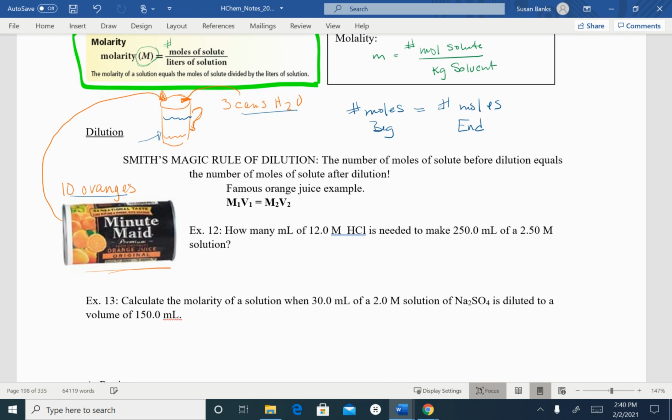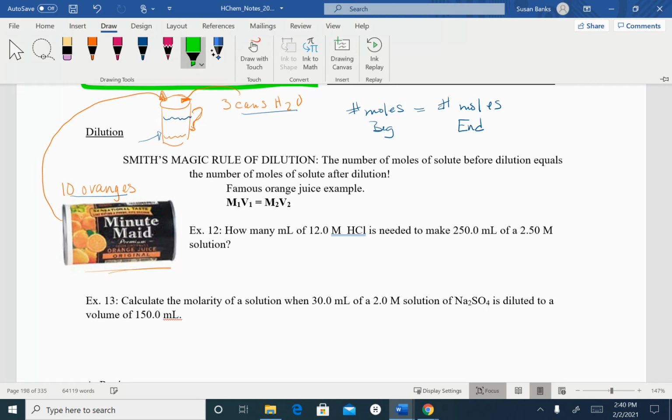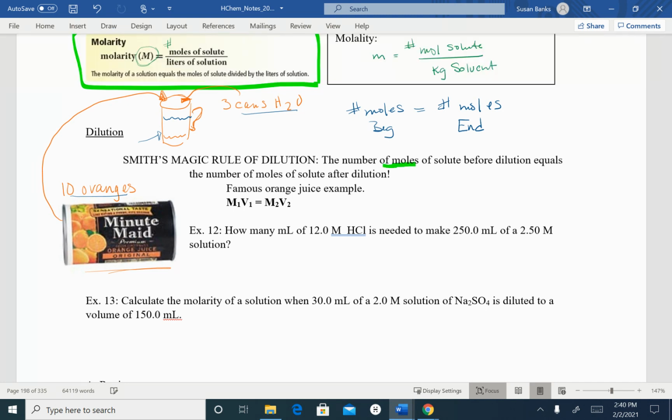The number of moles doesn't change. It's just the concentration changes. Okay? So here it is stated again. The number of moles of solute before the dilution equals the number of moles after the dilution, or at the end of the dilution.